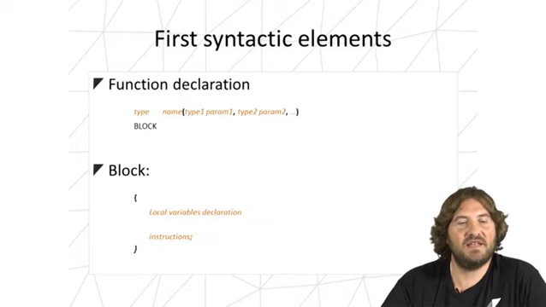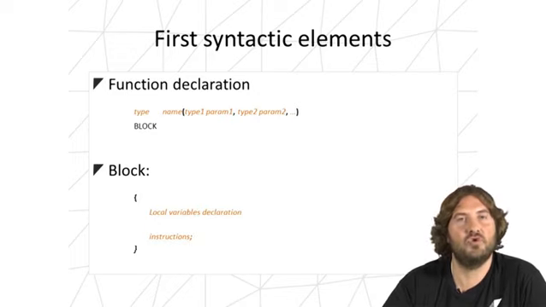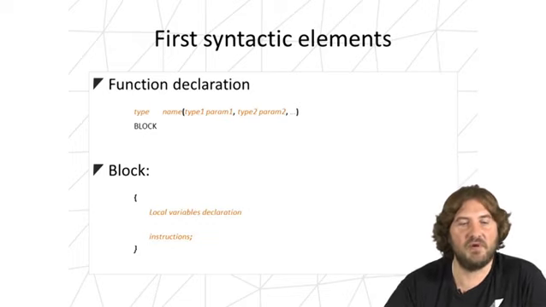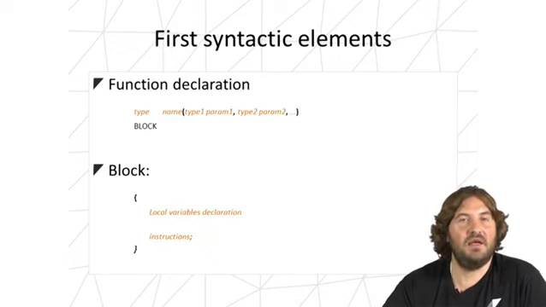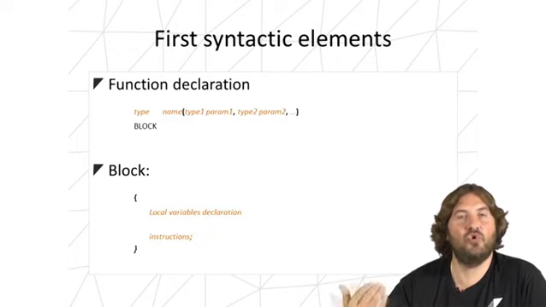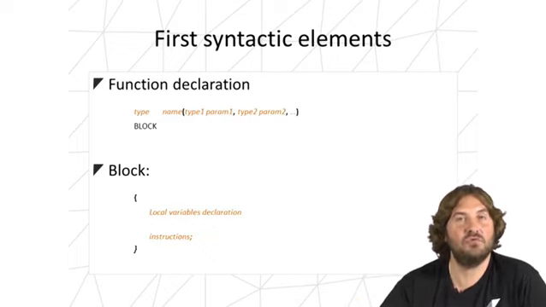Here you see the first syntax element, the declaration of a function. A function can be declared rather simply. We define its type, meaning the type of what that function returns, because a function takes values as entities, which we call parameters, and returns a result. So the type you see first on this prototype is the return value's type. Then we have the function's name.